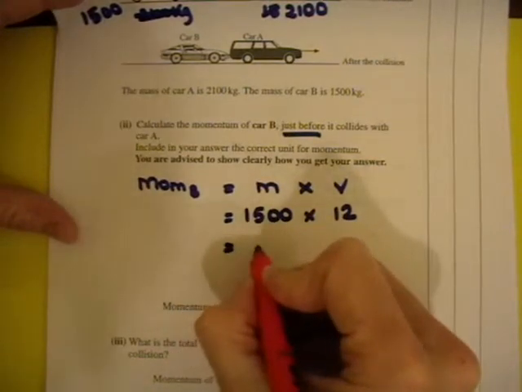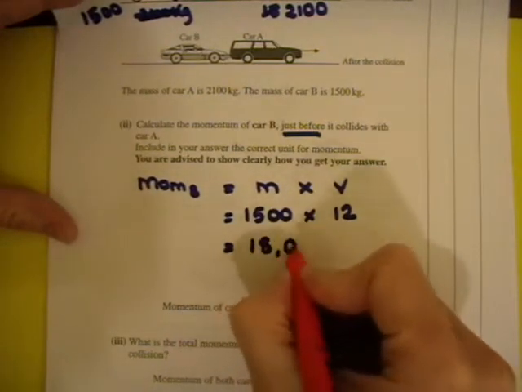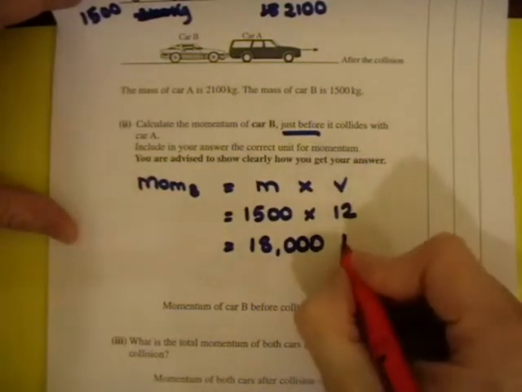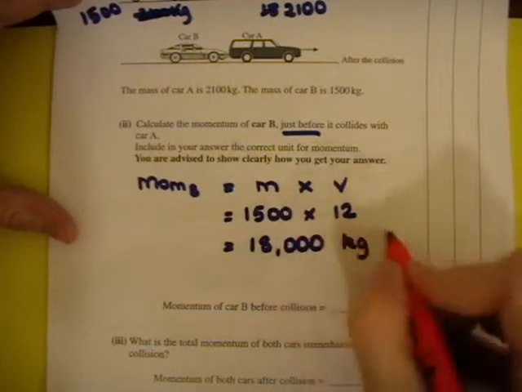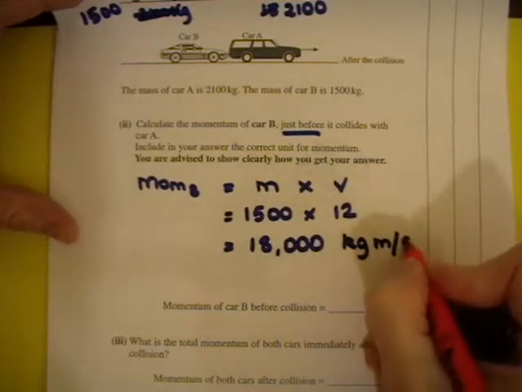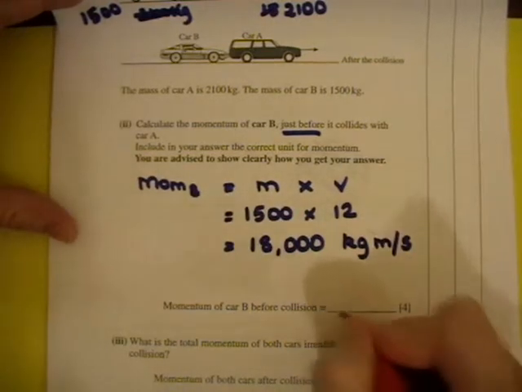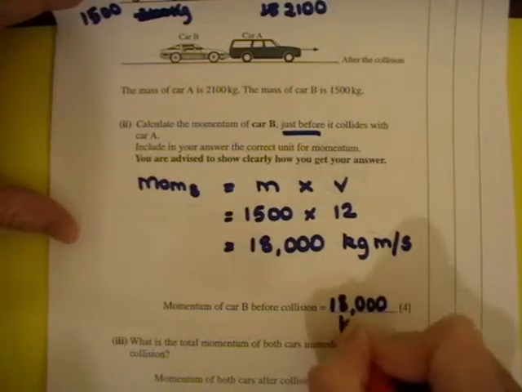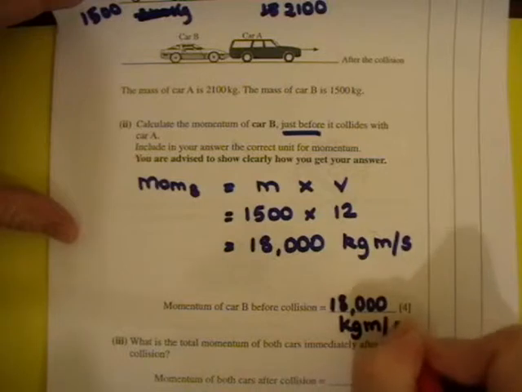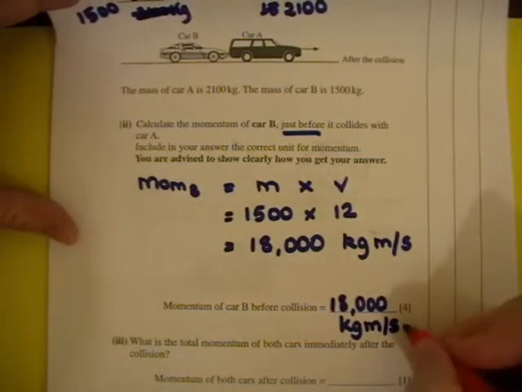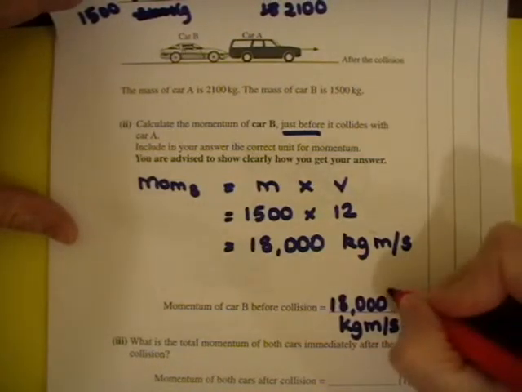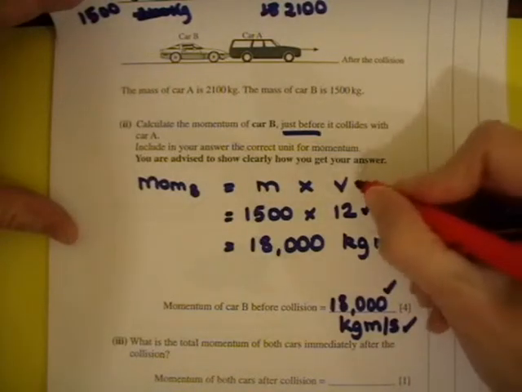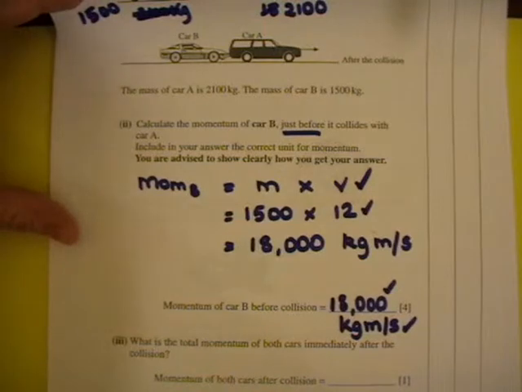And 12 times 1,500 gives you 18,000. Now it's a mass times velocity, so the unit is kg, which is the unit of mass, and velocity is metres per second. So the answer is 18,000 kg m per s. There's a mark for the unit, a mark for the answer, a mark for the working out, and a mark for the equation.